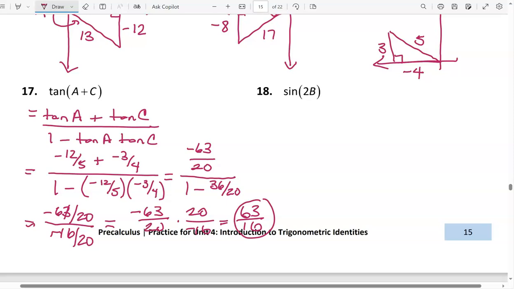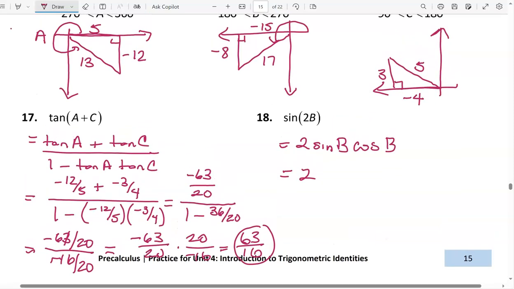In number 18, we're to find the value of sine of 2 times B. That's a double angle formula. Sine of 2 times B is 2 times the sine of B times the cosine of B. And from our picture, the sine of angle B is negative 8/17, and the cosine of angle B is negative 15/17.